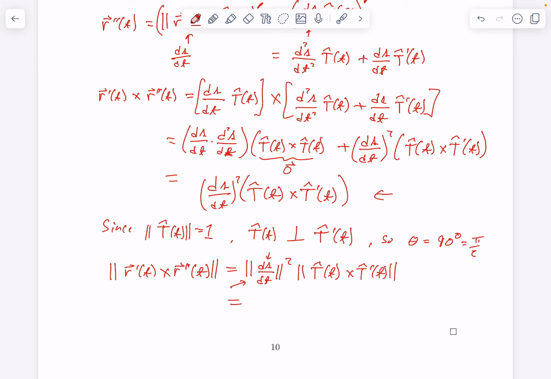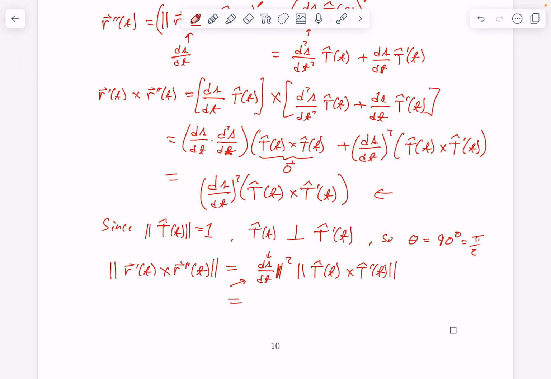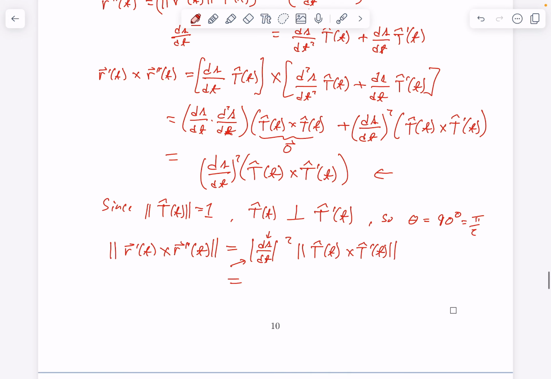So this ought to be drawn with absolute value squared. And that is really the same thing as the magnitude of r prime of t, squared. So just always remember ds equals this.